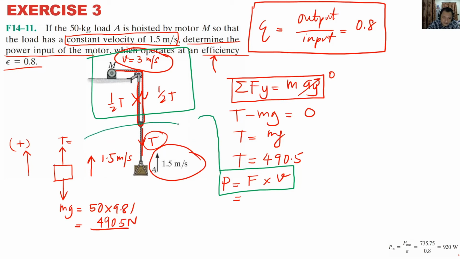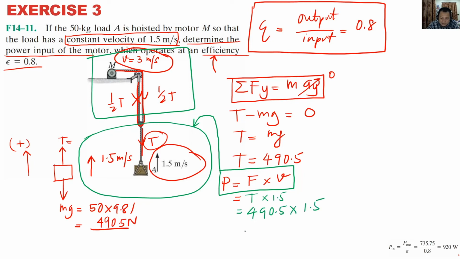Okay, I'm going to solve this one by looking at this one only. So the force I will be using is T. Velocity, it's going to be 1.5. So this one will be 490.5 times 1.5, which is 735.87.